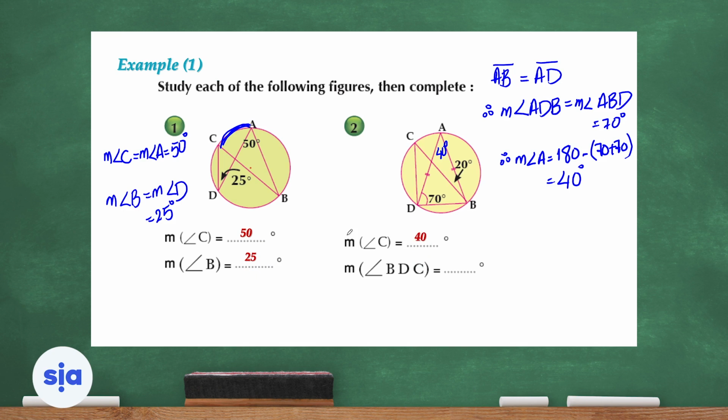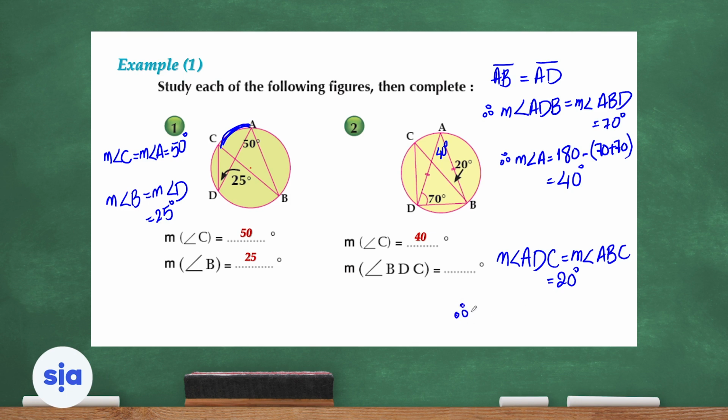To find the measure of angle BDC, you will see that the measure of angle ADC is equal to the measure of angle ABC, which is 20 degrees as given.